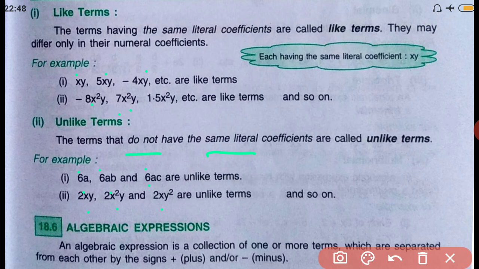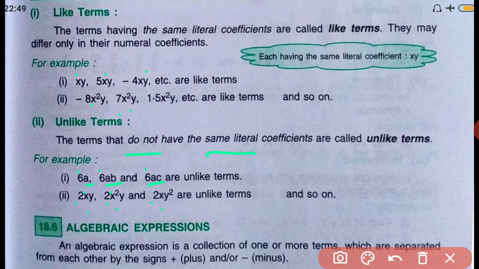It does not matter. What matters is the literal coefficient, the alphabets. In the second example also you can see they have 2, 2 and 2, but still they are unlike terms because their literal coefficients are different.